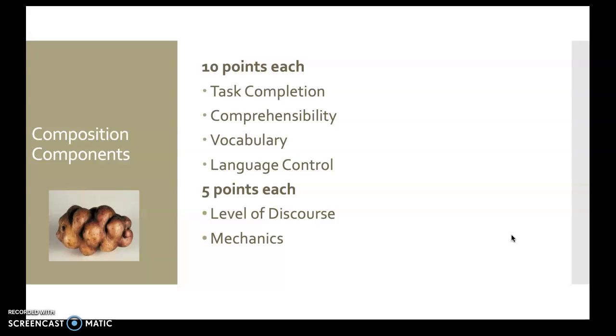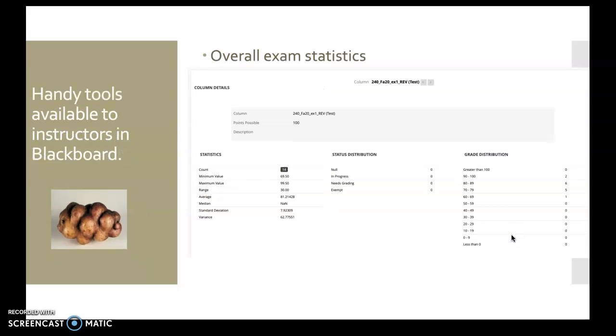In addition to the electronic rubrics, the administration of the exam via Blackboard makes the following tools readily available. We have overall exam statistics with information about the average, the range, grade distribution, etc. And the teacher can choose to make these statistics available to the class, or sometimes I just do a screenshot of this and I send it to the entire class as an announcement.